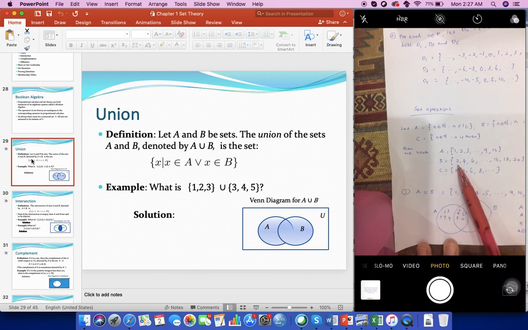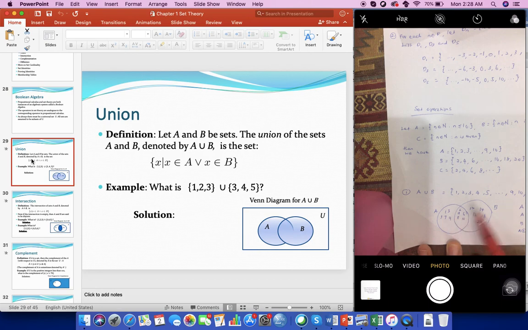B is 2, 4, 6 until 20. The ones common to A and B, you put in the middle. So 1 is only in A, but B doesn't have 1, so we put 1 here. 2 is also in B, so put 2 in the middle. 3 is only in A, put 3 here.